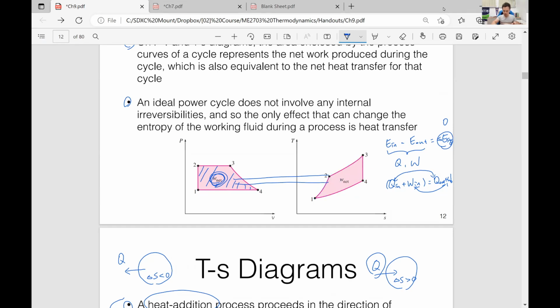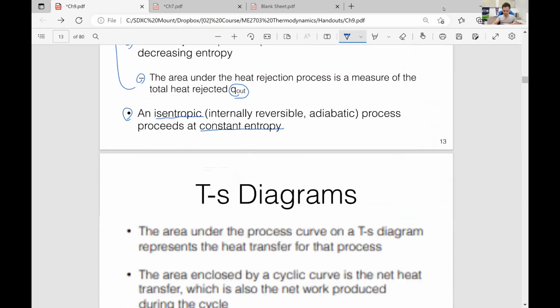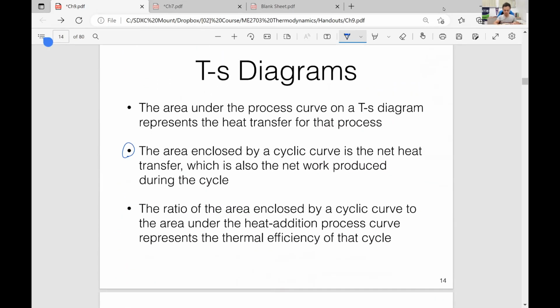So we can write this: net work is net heat. They're the same. This is from the energy balance, right? The ratio of the area enclosed by a cyclic curve to the area under the heat addition process curve represents the thermal efficiency of that cycle.